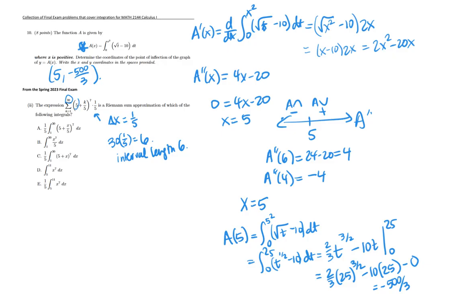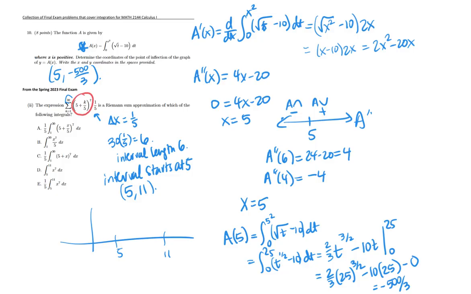And I know my interval starts at 5. So my interval is from 5 to 11. So that's my interval, x equal 5 to x equal 11. So that's my integral. What is my function? Well, if I look back up here, I'm plugging these x values into a function here by raising it to the 7th power.